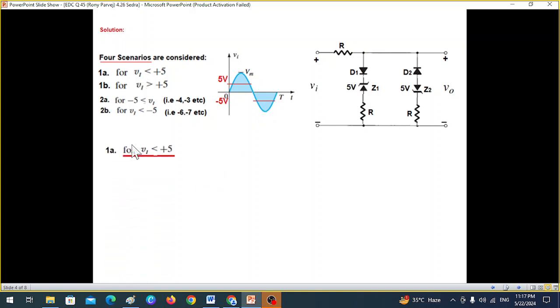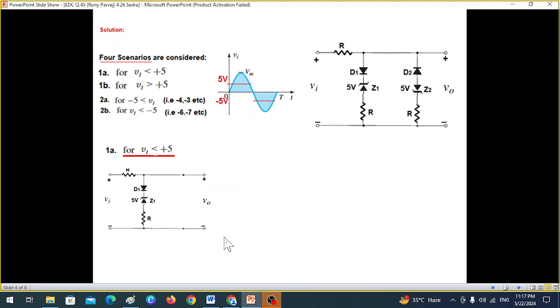So let's take the first one. When V input is less than 5 volt, that means we are in this region. Because it is positive, our circuit will become like this. This one will be reverse bias, so we eliminate it. We take this circuit, and this 5 volt will not make the Zener forward bias, so this will also not conduct.